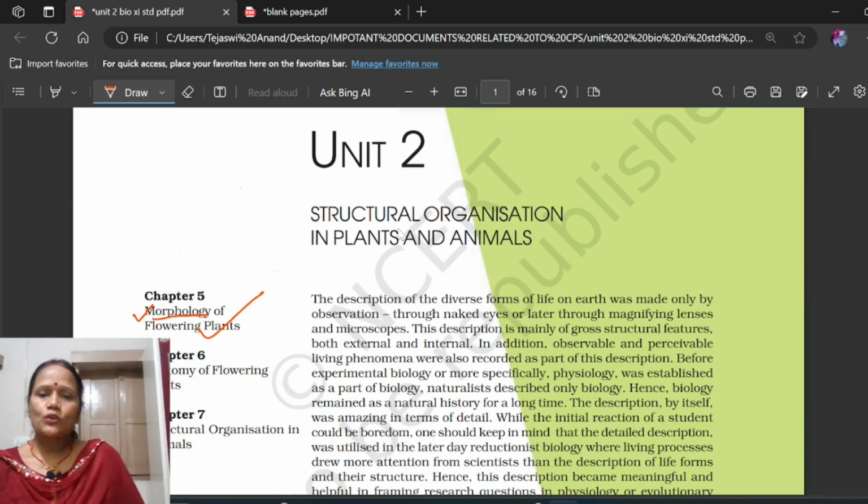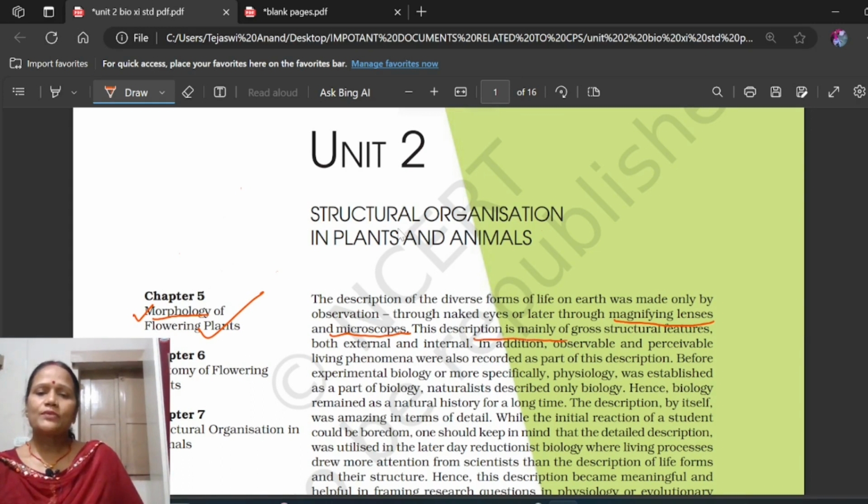By naked eye we can see an organism, find out its structure and shape, or see it through magnifying lenses. If it is very small, a microscopic organism, then we have to use microscopes to study its external features.